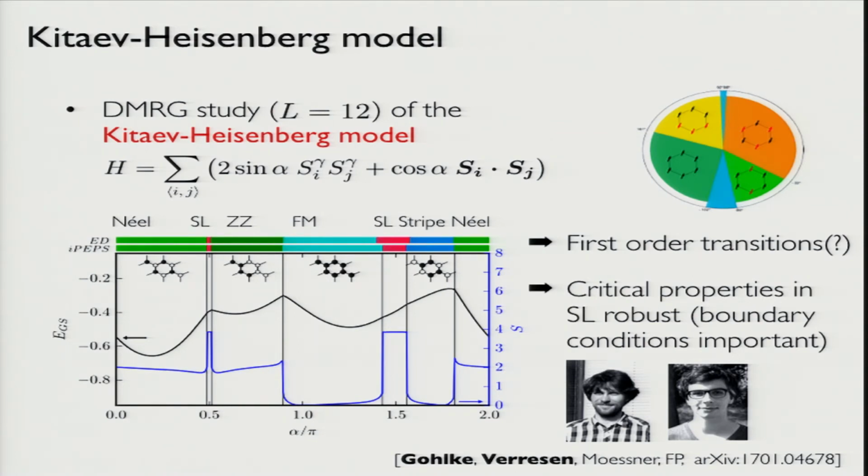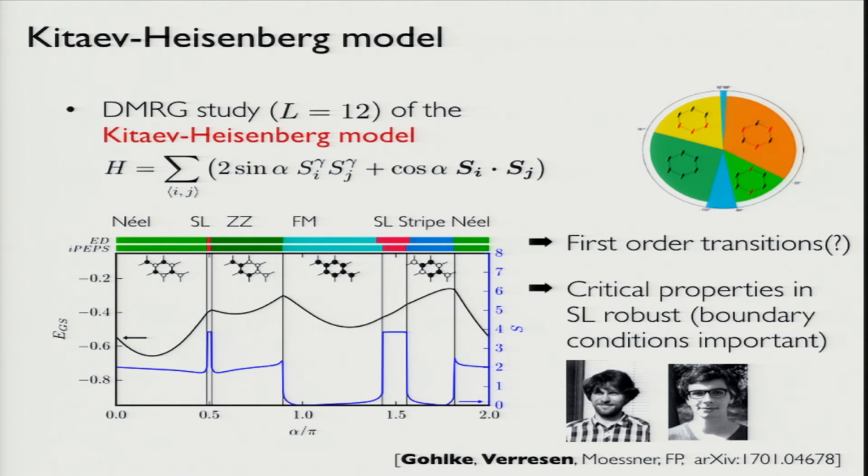Secondly, we look at the behavior of the entanglement entropy, basically how, if we cut a cylinder into two halves, it is entangled. We find a very different behavior of the entanglement, and we also see discontinuities in the entanglement entropy. The ferromagnet, for example, is a simple product state, so it has zero entanglement, and this critical spin liquid phase, the Kitaev spin liquid phase, has a rather high entanglement.